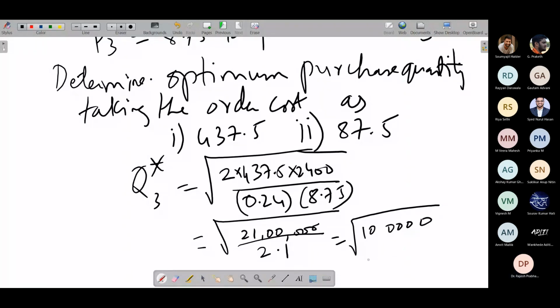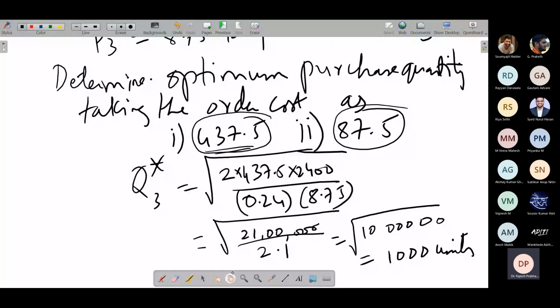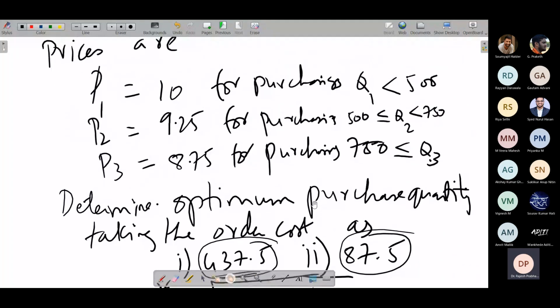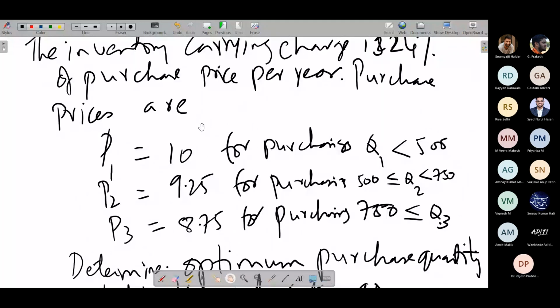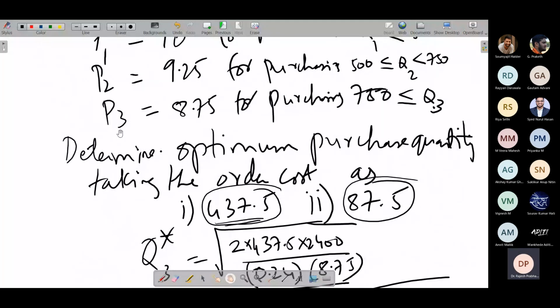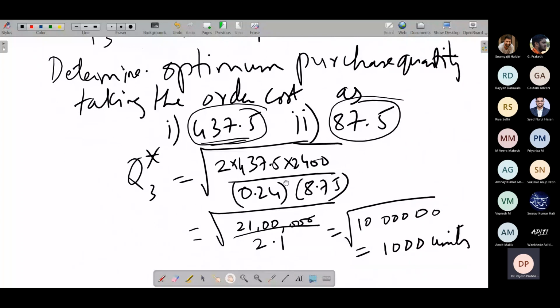That means 1000 units. Sir, your quantity is 437.5? See, there are two ordering costs: one is 437.5, one is 87.5. I am calculating the purchasing quantity for Q3 at price 3, ordering at price 3 with an ordering cost of 437.5.